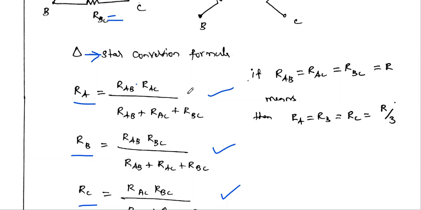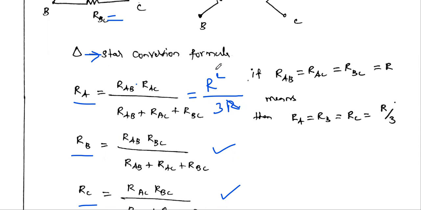If RAB, RAC, RBC are all equal, the numerator is R into R, R squared, divided by R plus R plus R, 3R.